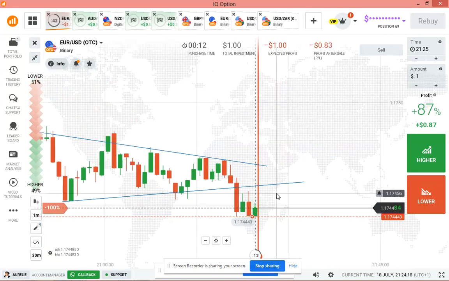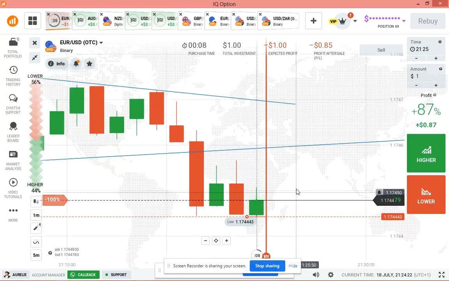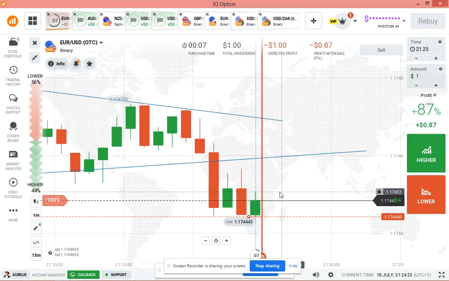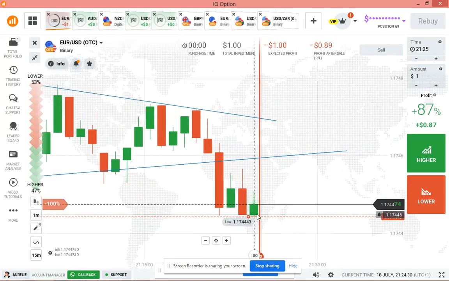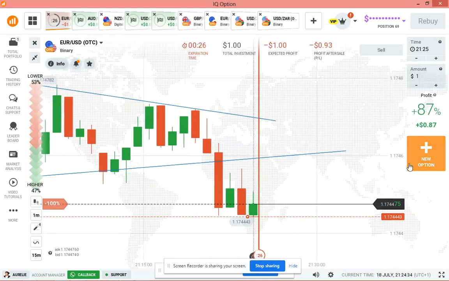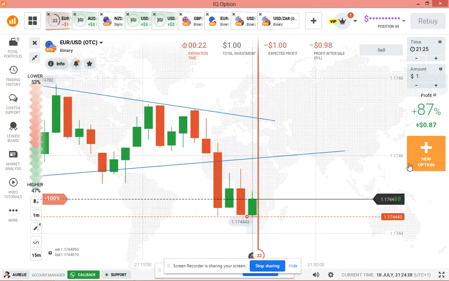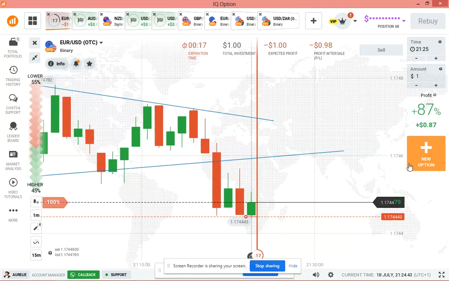But if I fail here, it means that the market is still consolidating, maybe trying to consolidate. But let's see. Okay, I think this is going to be a losing trade.